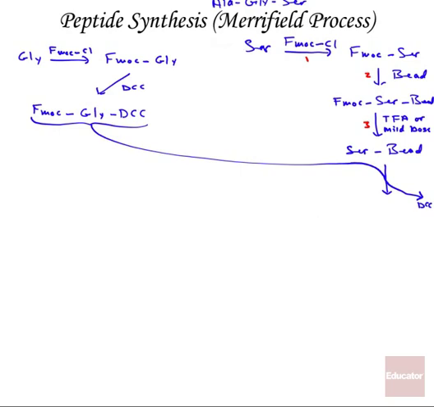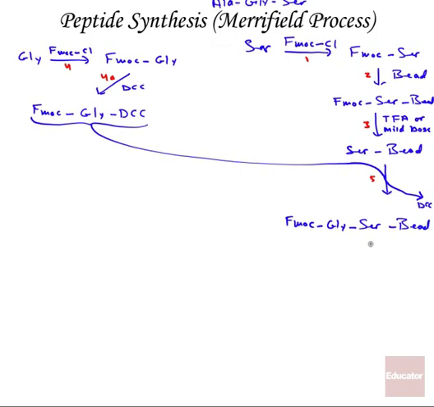Let me label some reactions here. This is reaction 4. I'm going to call this one 4A, and I'm going to call this one reaction number 5. And let me go back to blue. So what I end up with is FMOC gly ser and bead.